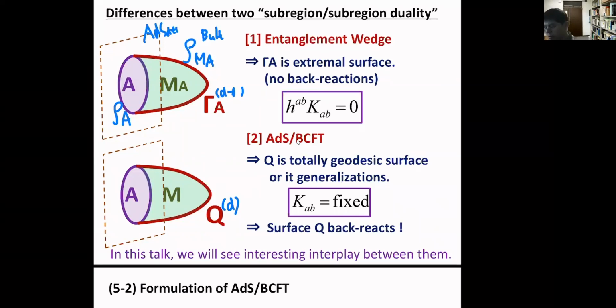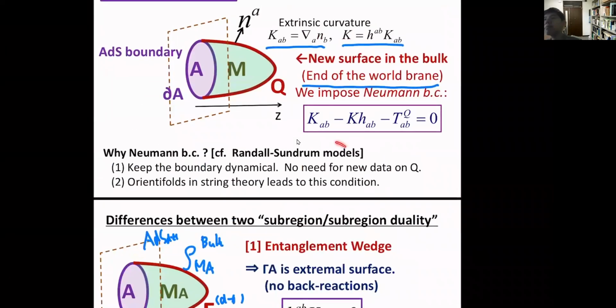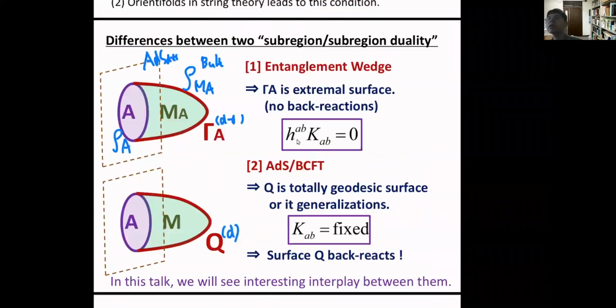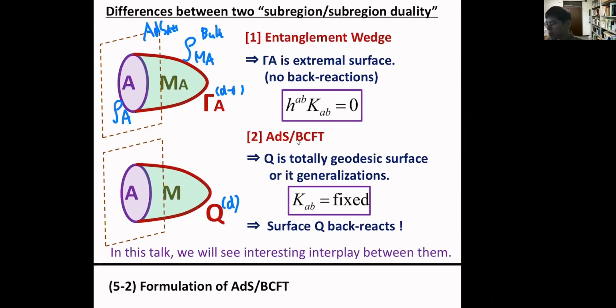This surface also has a different character because K_B is fixed. This is a kind of over-constraint, so we should be careful. Sometimes we don't have any solution. In that case, what we do is back-react the geometry. This is a real physical brane.